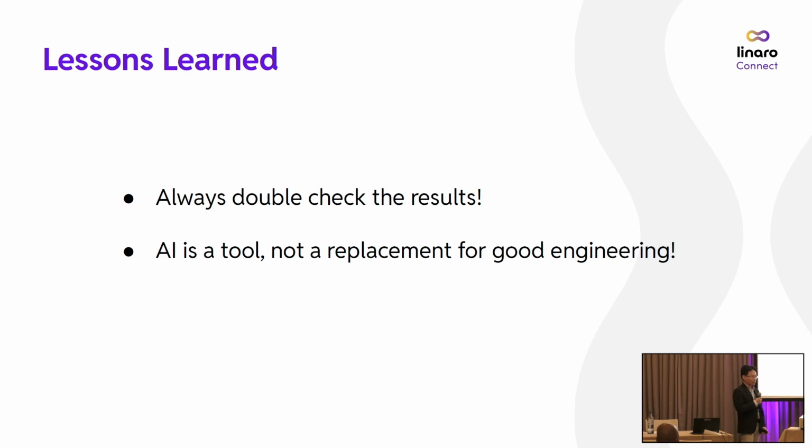And most important, this is a tool, not a replacement for real, good engineers. When used correctly, it can improve our work a lot. If not, then it might actually get in the way.